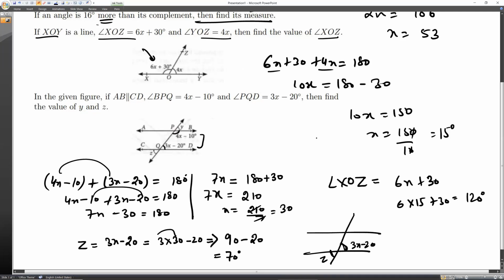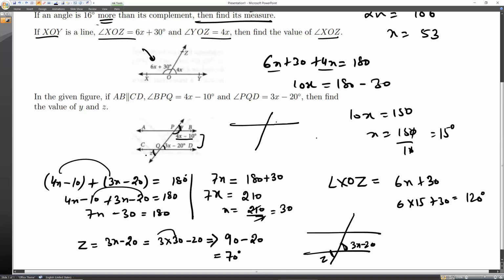And this will be z, because this and this are vertically opposite. And you know that whatever the value of this angle you got, you have to subtract it from 180 to get this y. Because when these two lines are in a line, suppose you get 80 degrees for this one, then this will be 100 degrees, because this and this angle sum to 180 degrees.